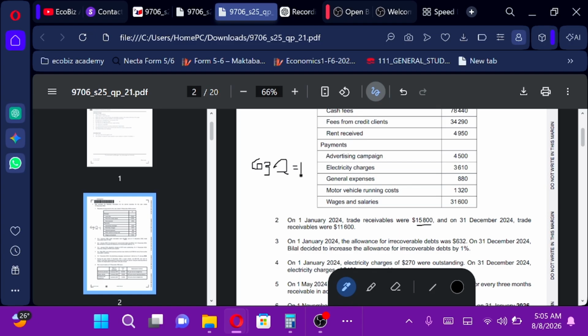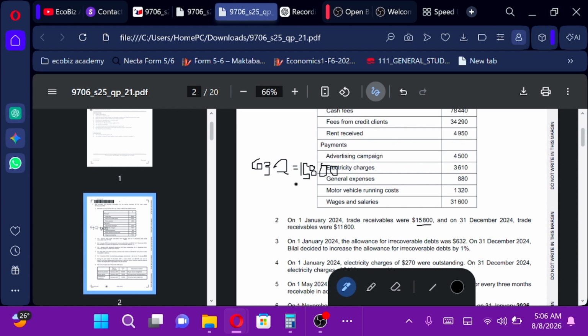So we have 15,800, which I don't think I'll be able to squeeze in. But hopefully, guys, I've made a little time lapse, so you don't have to see me writing all this. So yeah, 15,800 right there.